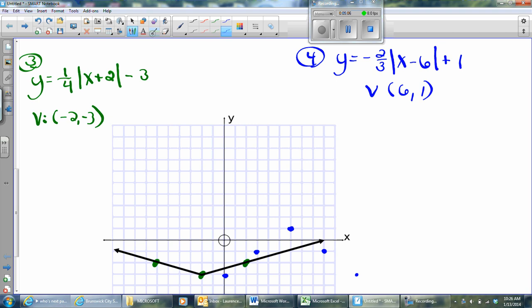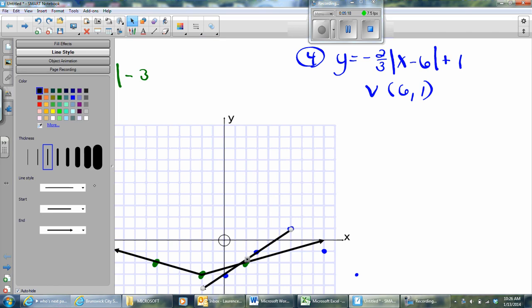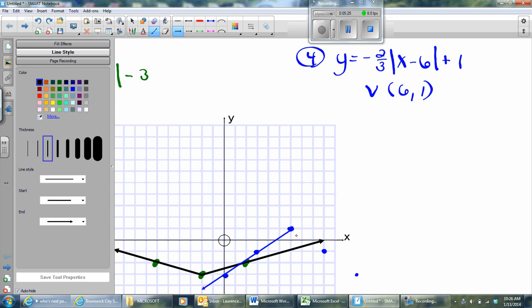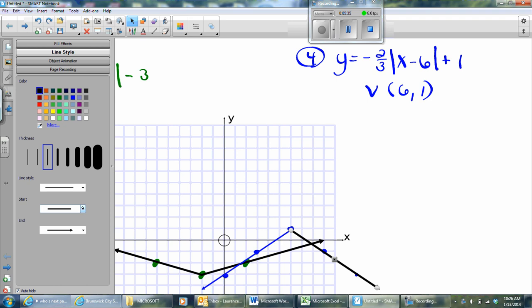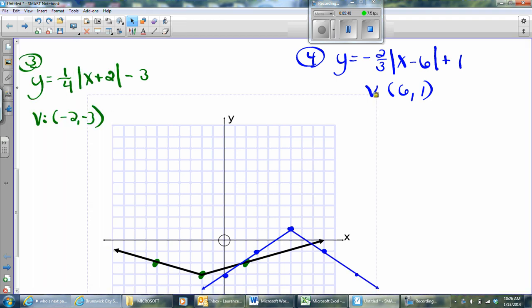Something like that. Gonna make it thinner. And so we're going to get something like that.